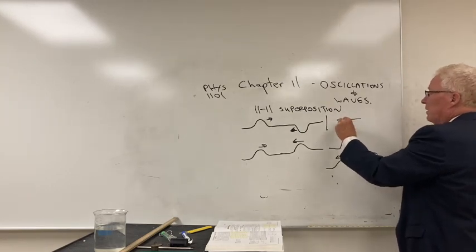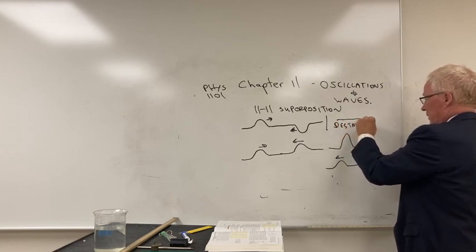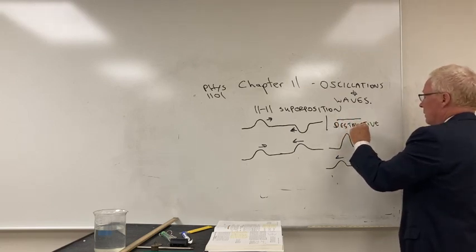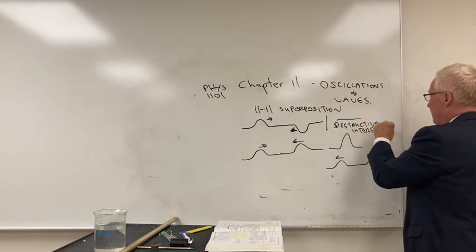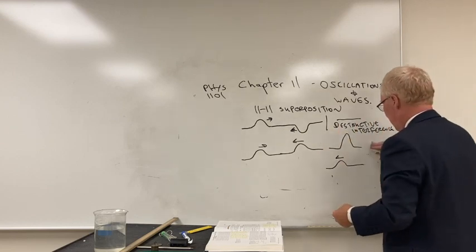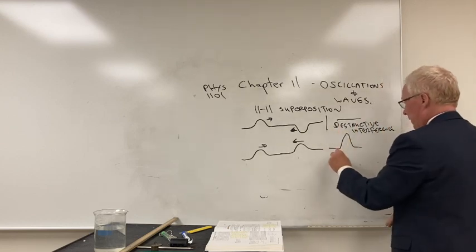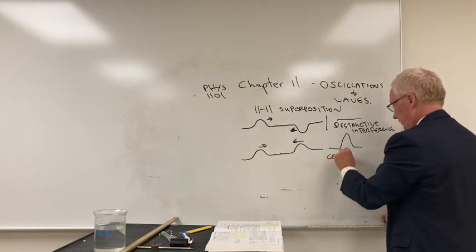This is what we call destructive interference, meaning they cancel each other out. And then the bottom one is when they're two and they add together. This is constructive interference.